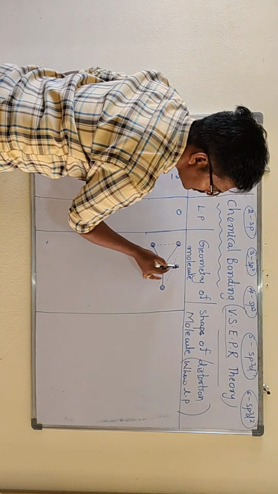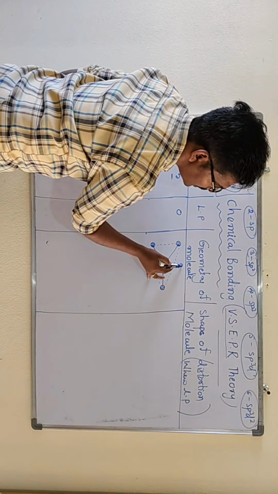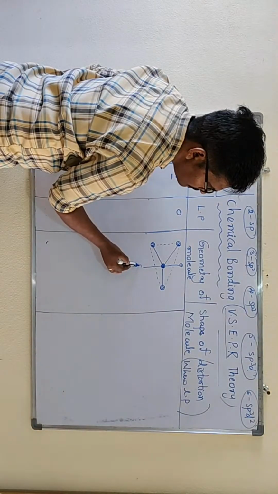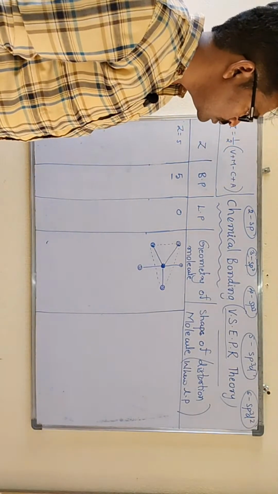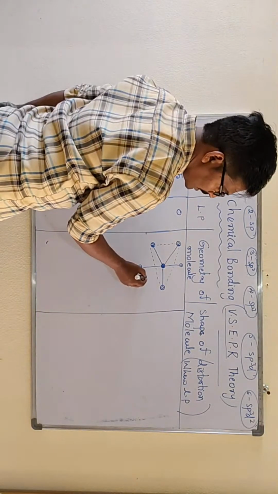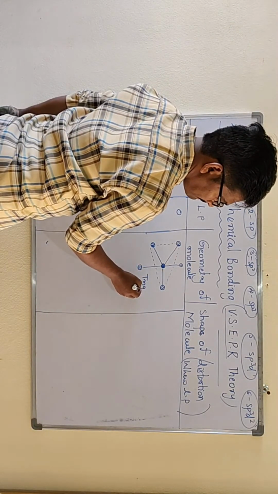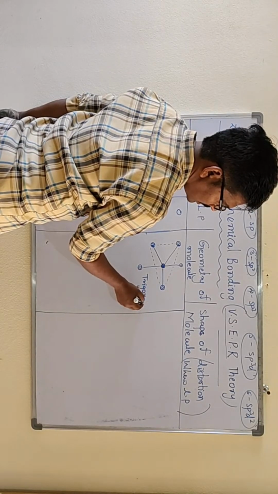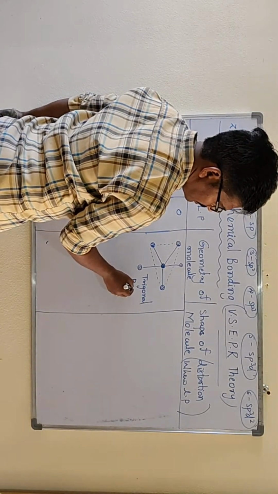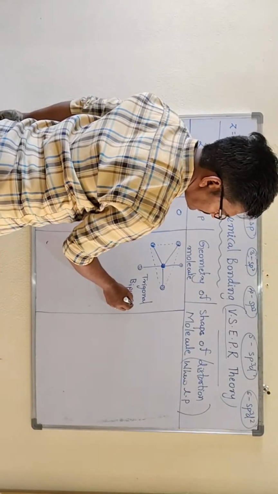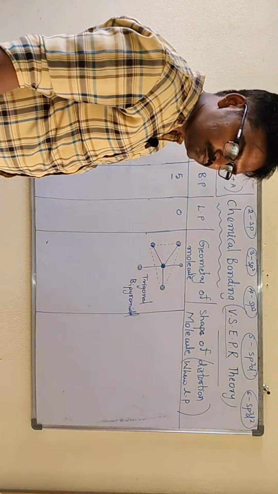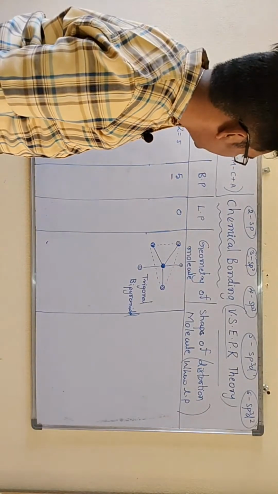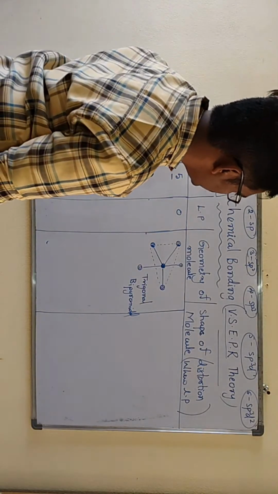Above the plane, 1 bond pair, and below the plane, 1 bond pair. So now we have to take it as trigonal bipyramidal. Trigonal bipyramidal.